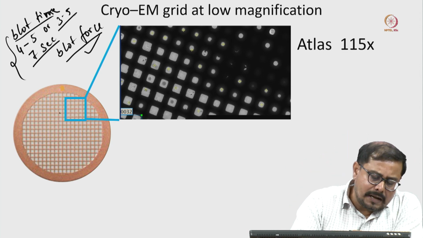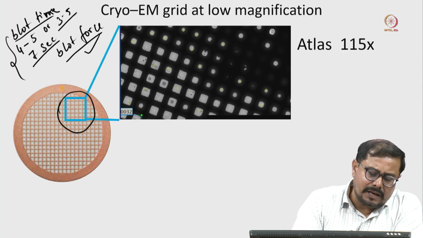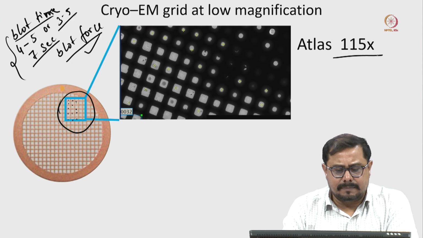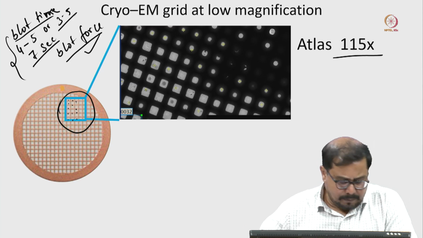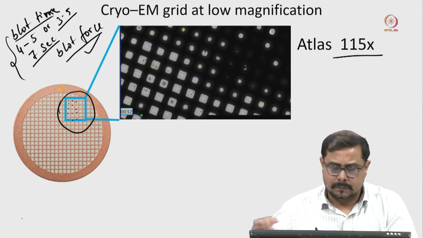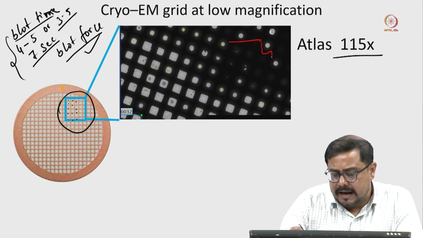Now if you look at this particular square, we are expecting to see all these squares properly at enlarged view. Here we are using 115x magnification, and in this enlarged view of this particular grid, we can see there is a huge area that is completely black.